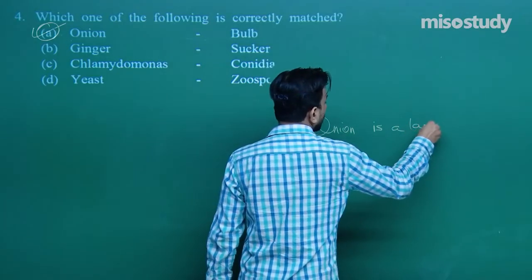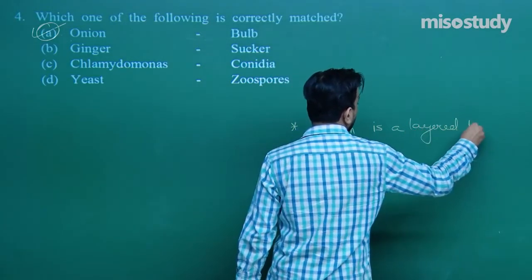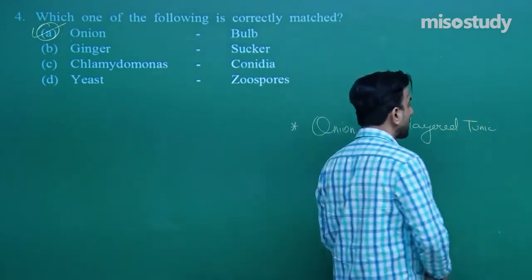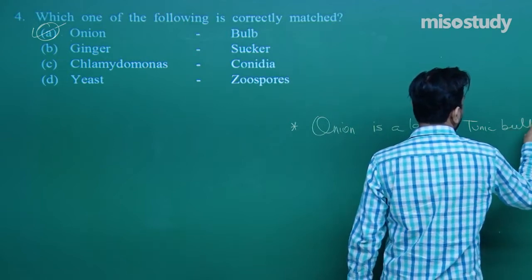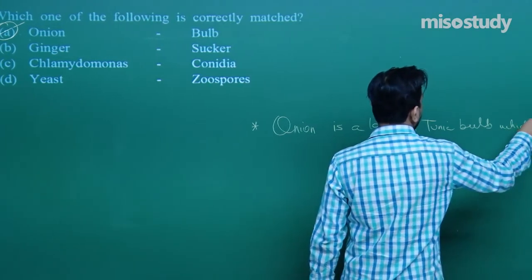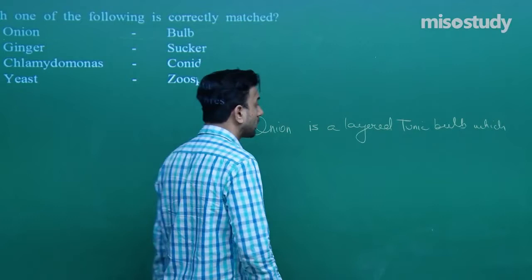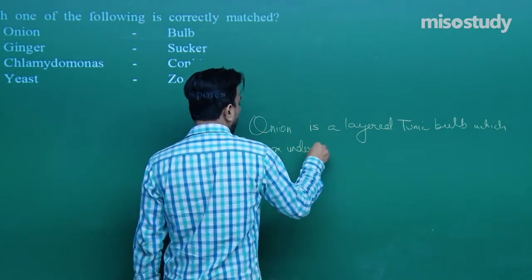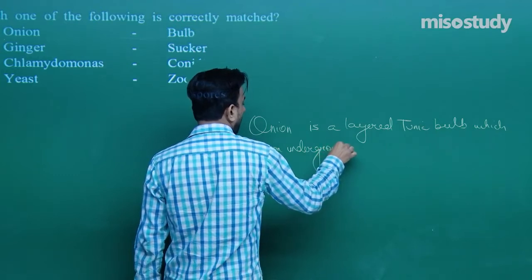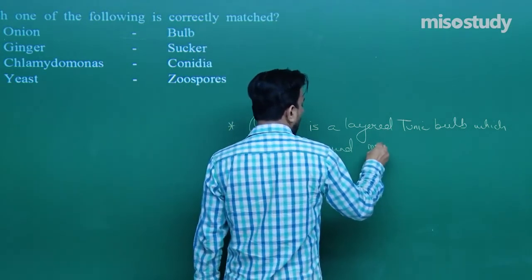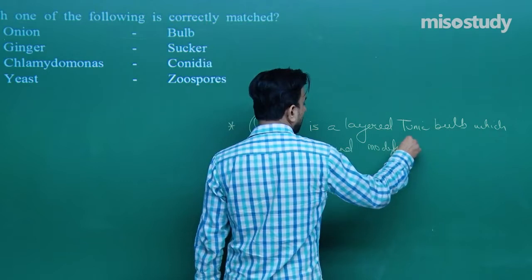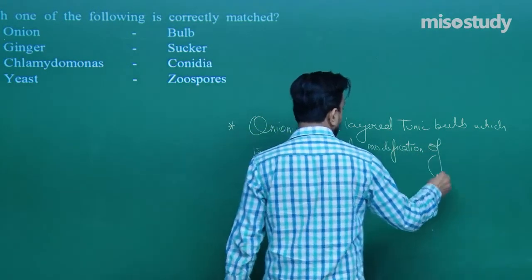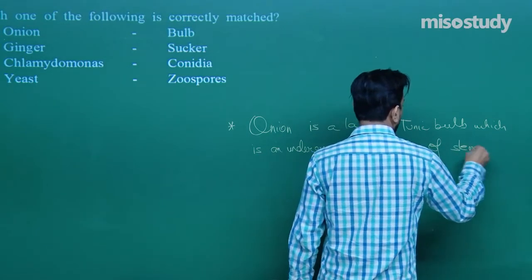Onion is a layered tunic bulb, which is an underground modification of the stem.